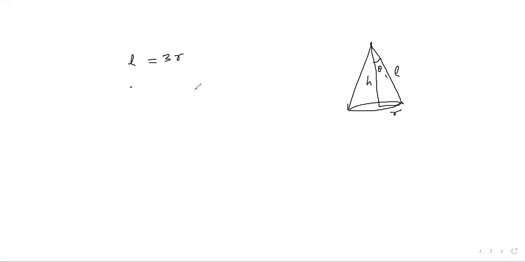So if we find R upon L, here R is the perpendicular and L is the hypotenuse, so that will be sine theta. But R upon L equals 1 by 3.